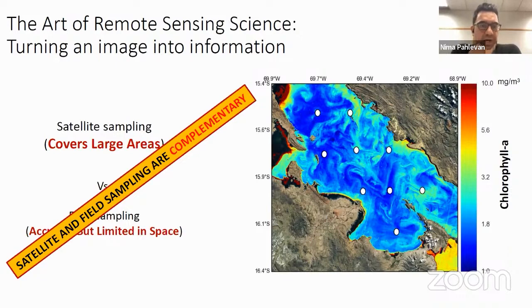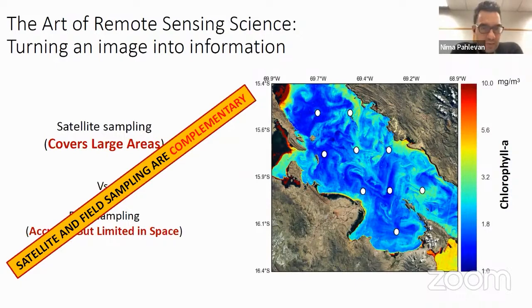Rather, they're there to augment and complement what's happening within the field data collection, and ultimately to help improve decision making. The one caveat here is that while satellite data sets and products are extremely helpful with that decision making, they lack the rigor and accuracy that you can obtain from field observations, obviously.